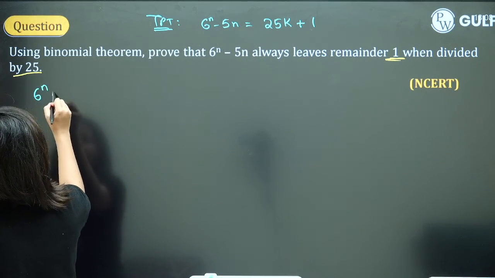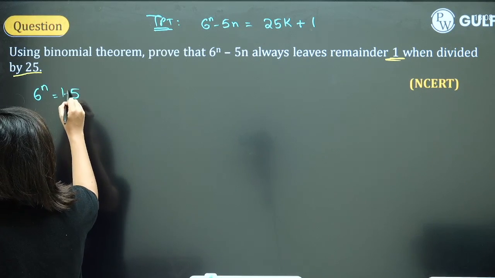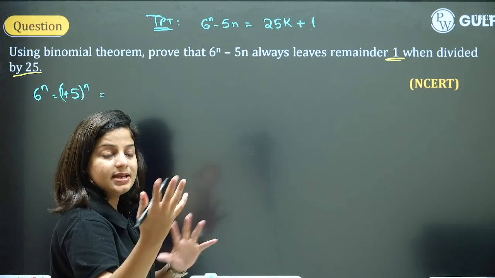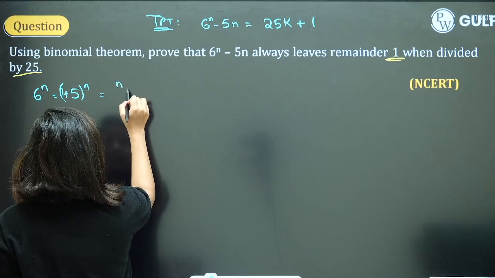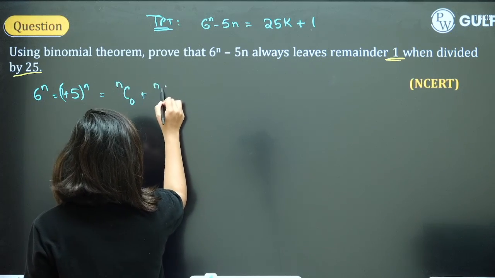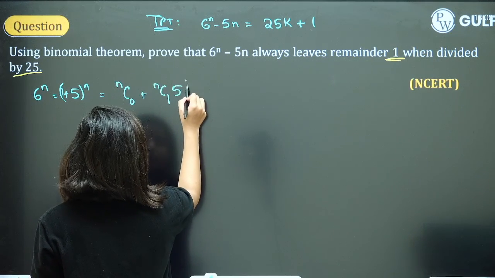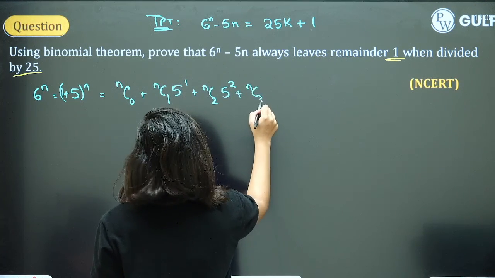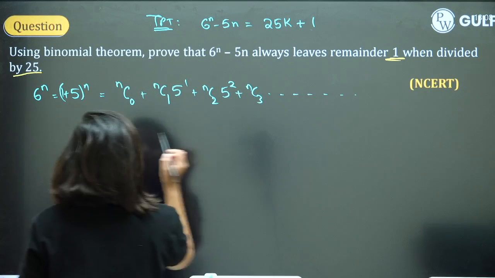Let's start with 6 raised to n. Isn't it 1 plus 5 the whole raised to n? Use the third formula, 1 plus x the whole raised to n. It's NC0 plus NC1 5 raised to 1, NC2 5 raised to 2, NC3 5 raised to 3 and so on.